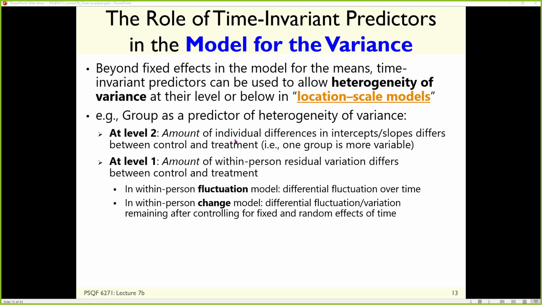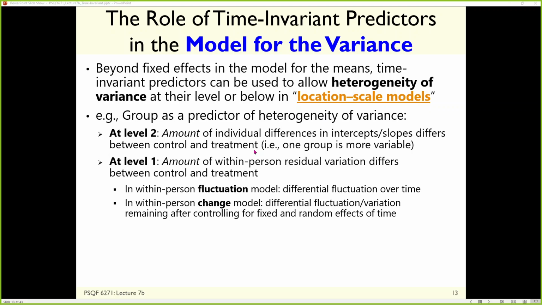So, as an example, let's say that I have treatment versus control, simplest case. In addition to treatment versus control adjusting the fixed intercept or adjusting the time slope, it can also be related to the amount of variability.